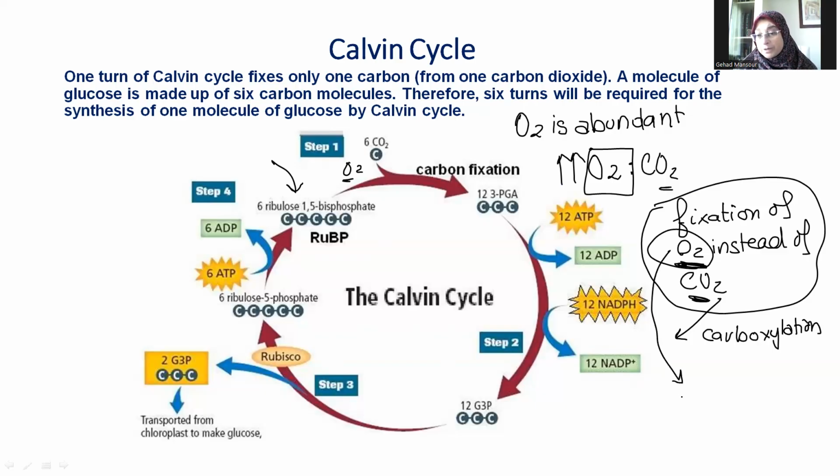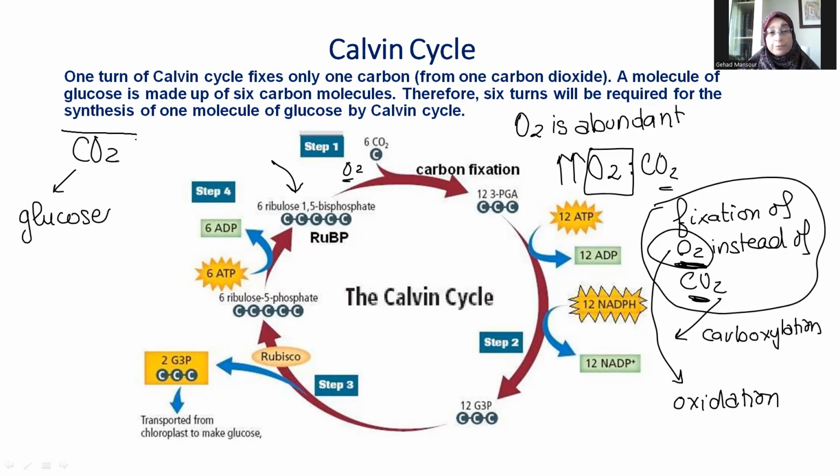But if you fix oxygen, you would have oxidation instead of carboxylation. So this is very similar to respiration, but you get no benefit from this, unlike that, meaning that when Rubisco fixes carbon dioxide, you get glucose, which is the monosaccharide.